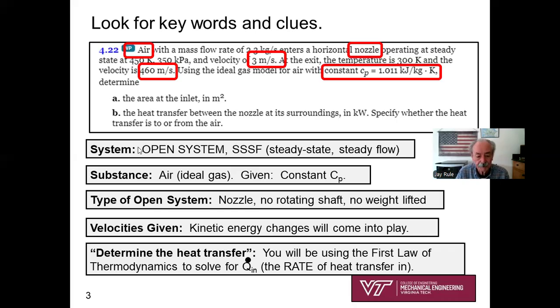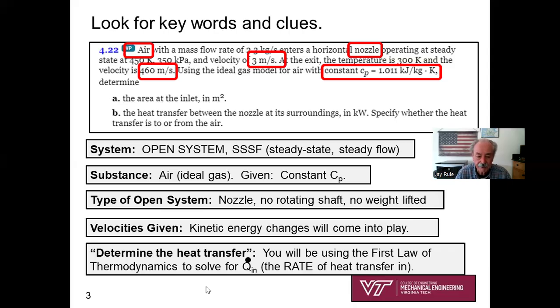The other thing, part B, it says determine the heat transfer. Now, that's a code. So far in this class, the only tool you have in your toolbox to solve for the heat transfer is the first law of thermodynamics. And so when you start seeing determine the heat transfer, in your mind you immediately think, I'm going to need to write some form of the first law of thermodynamics to solve for the heat transfer rate.